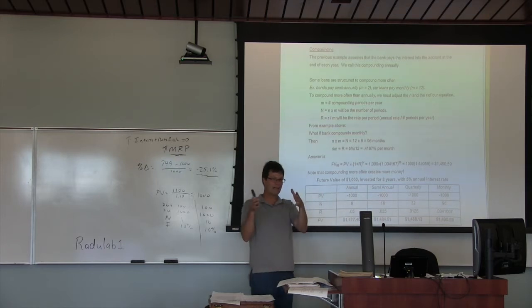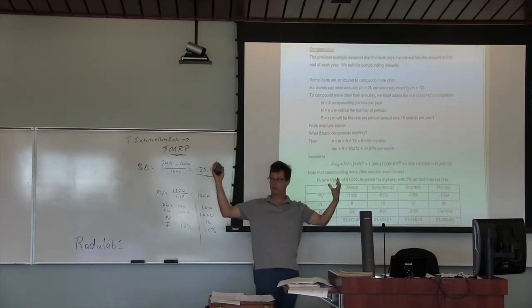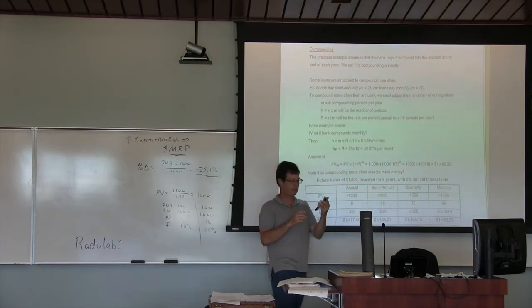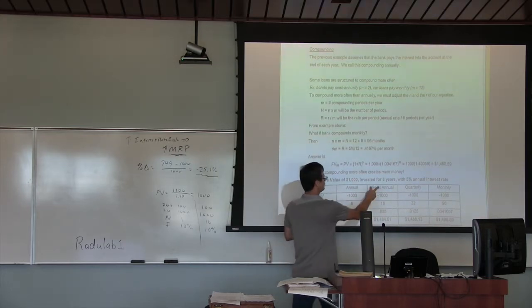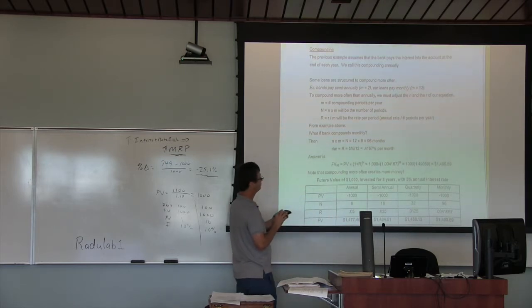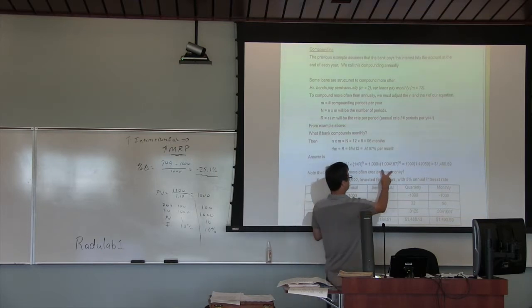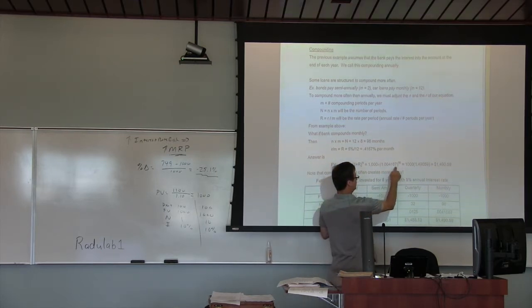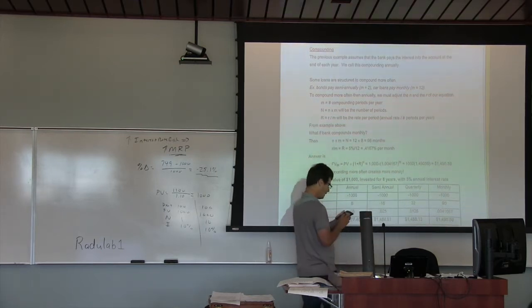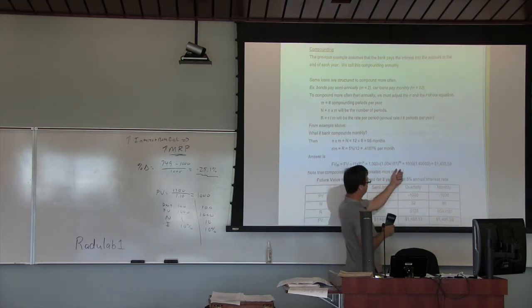You start inside the parentheses and then work your way out from there. Generally that is the most efficient way with the calculations. So I'll take the 0.05 divided by 12 plus 1 gives us this. Raise that, y to the x, to the 96, and we get our factor here, right?